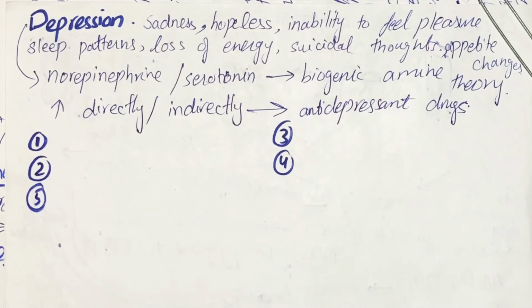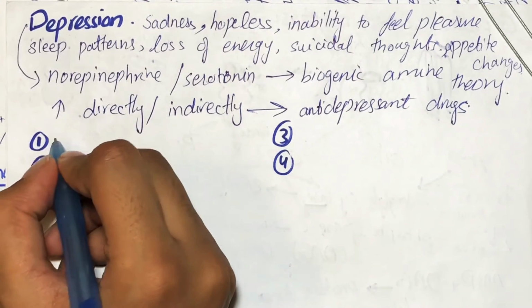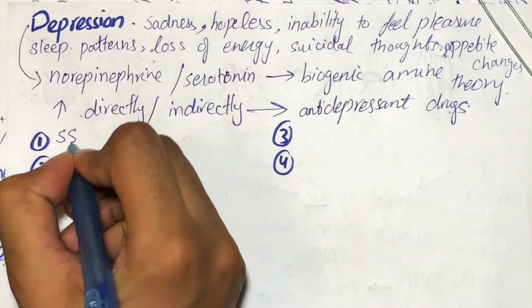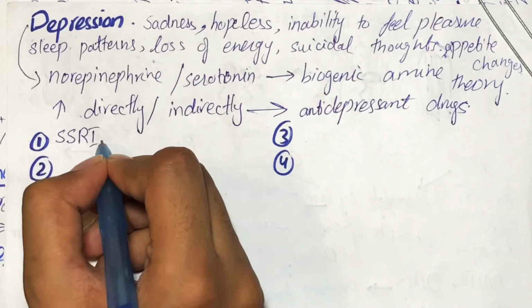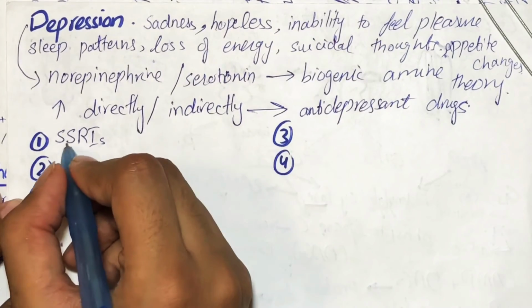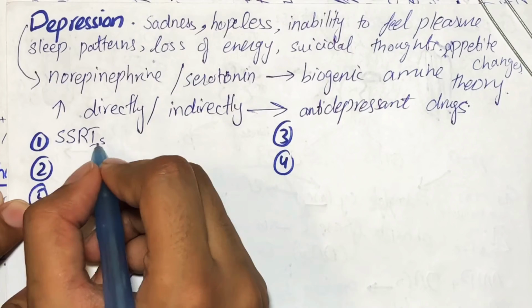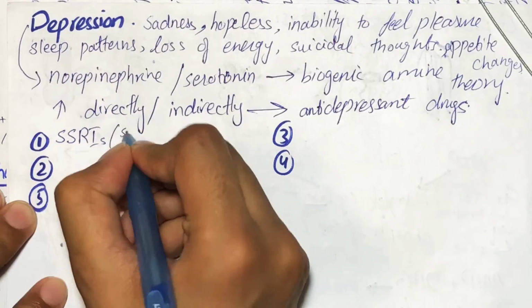So we have different classes of antidepressant drugs, which are SSRIs, which stand for selective serotonin reuptake inhibitors.